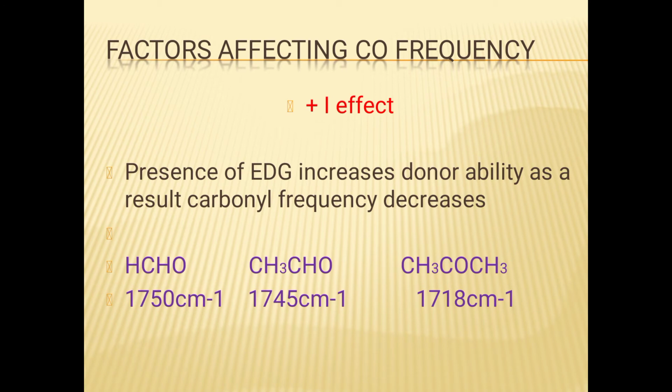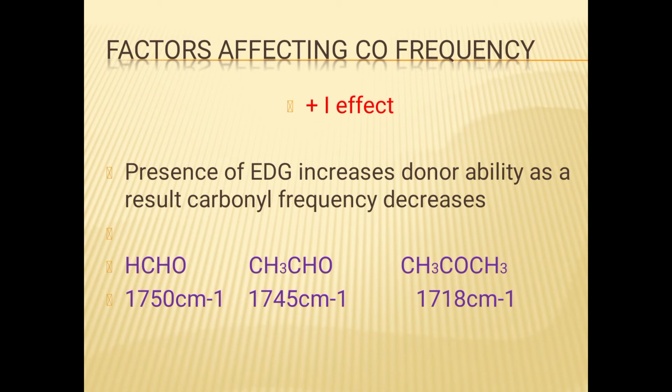Now the factors affecting the CO frequency. There are certain groups which will make your CO frequency much higher, whereas certain groups will reduce the frequency. So let us have a look at this. Your first factor is the plus I effect. The presence of an electron donating group will decrease your carbonyl frequency.